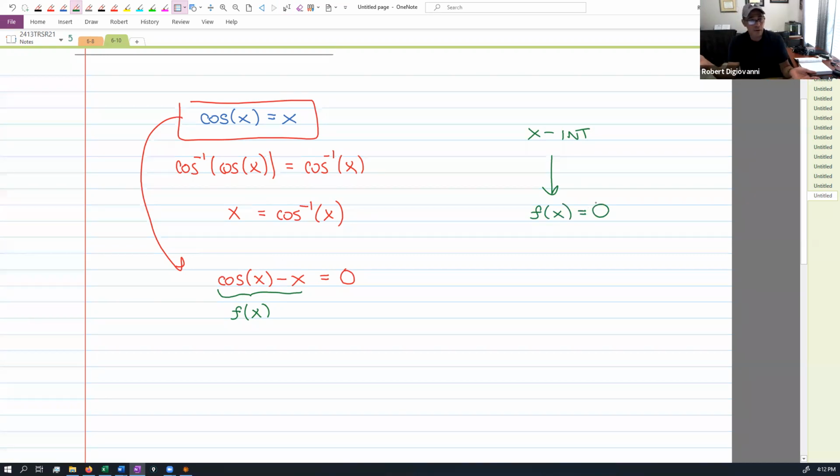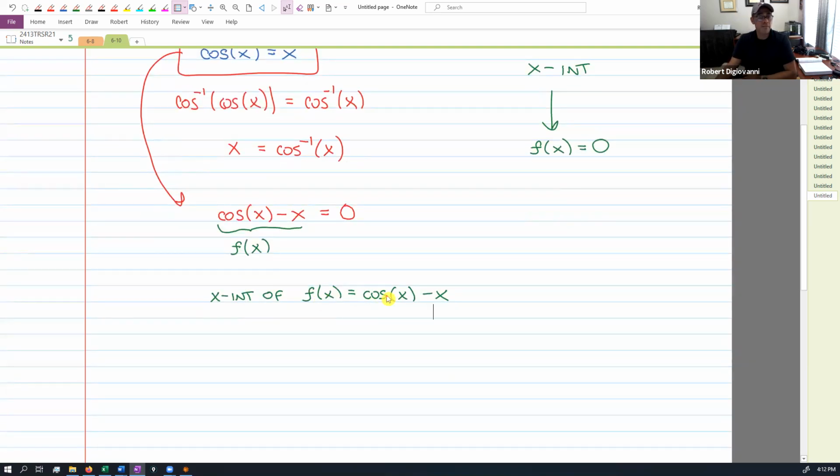So do you all agree that if I write it this way and call this left side f of x, then what I really want are the x-intercepts of the function f of x equals cosine of x minus x? To solve that equation is equivalent to me asking you for the x-intercepts of this. Yeah?